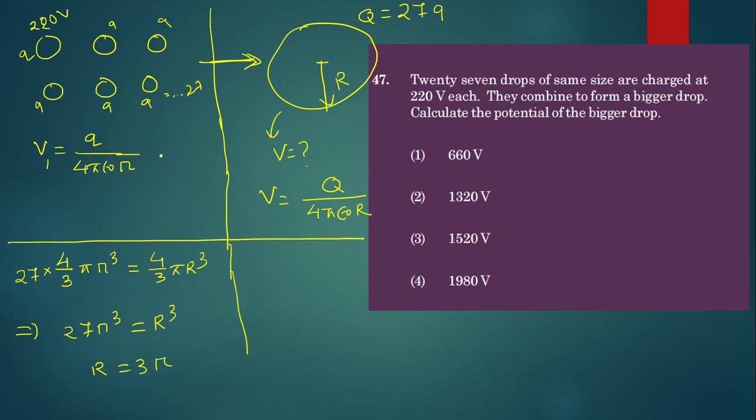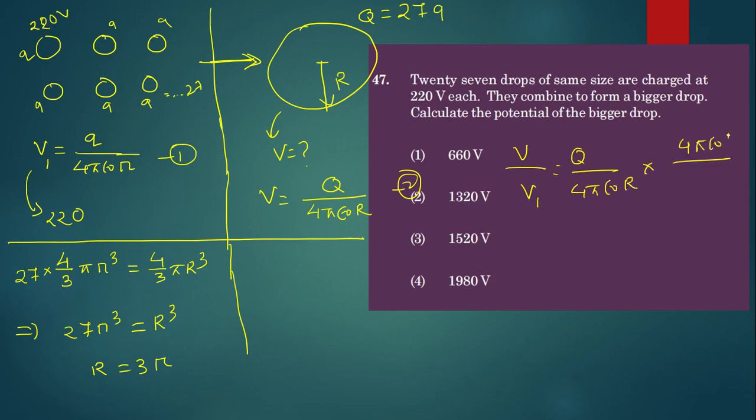Now using this, I will calculate the value of V. Let me divide V by V1. This V1 is, remember, 220 volts, the potential of each drop. So this will be equal to 27Q by 4 pi epsilon naught capital R, divided by q by 4 pi epsilon naught small r. This portion will be cancelled.